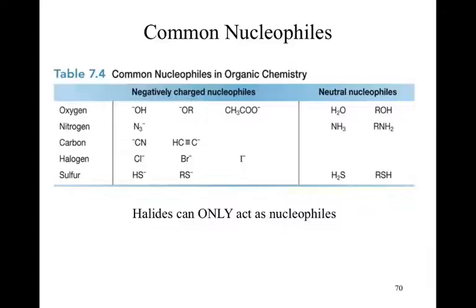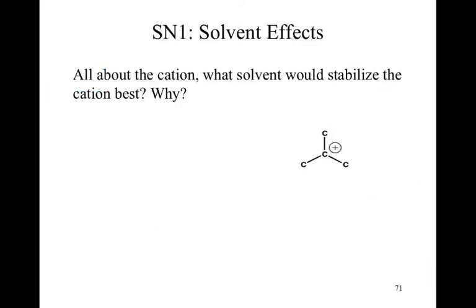No, they're not, actually, so ignore that. If we look at our neutral nucleophiles, all of those species act as decent nucleophiles because they all have lone pairs. So these are all just common things that you could see act as nucleophiles. Some of them are better than others. Typically, the more negative, the better off you are.